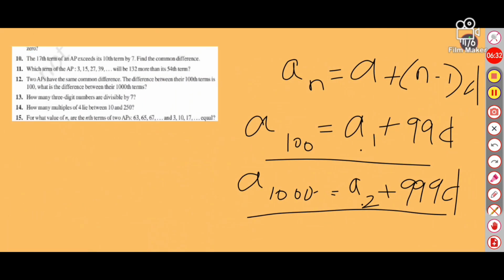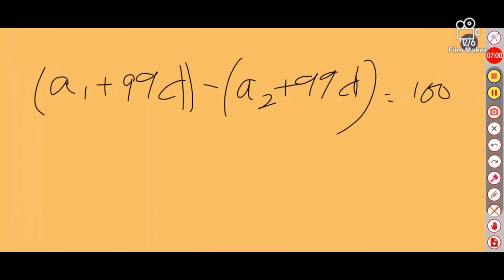Two APs are present, and the first AP's 100th term and the second AP's 100th term have a difference of 100. Just consider the two APs as A and B: A100 minus B100 is 100.